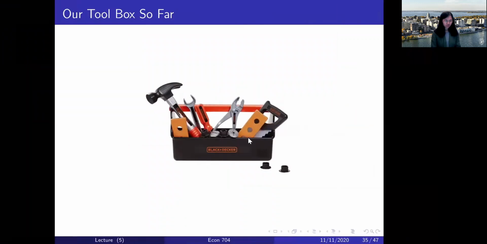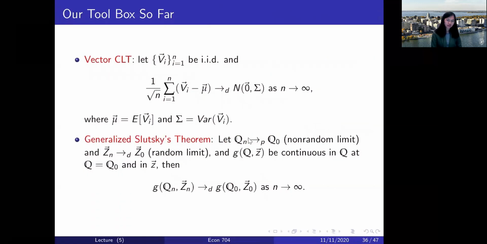All right, so now we have a toolbox that contains two very useful tools. One is the vector central limit theorem, and the other is the generalized Slutsky theorem.